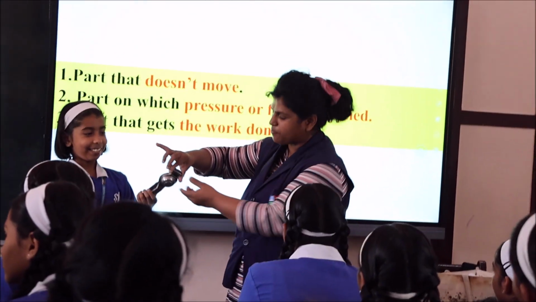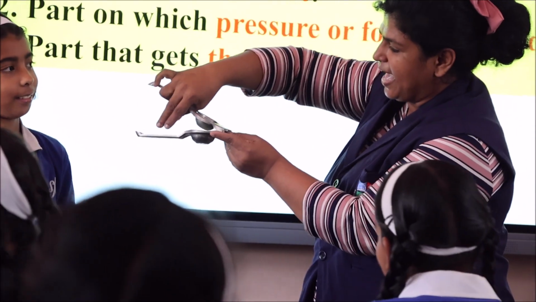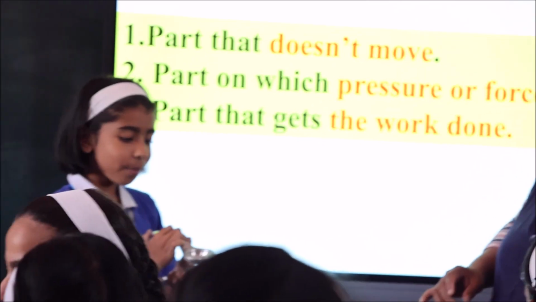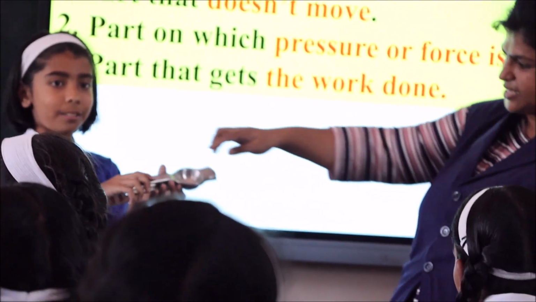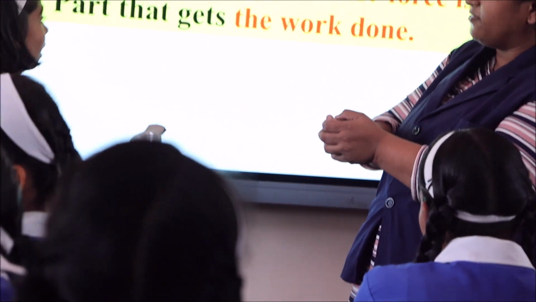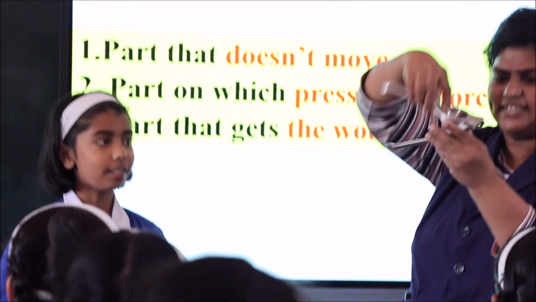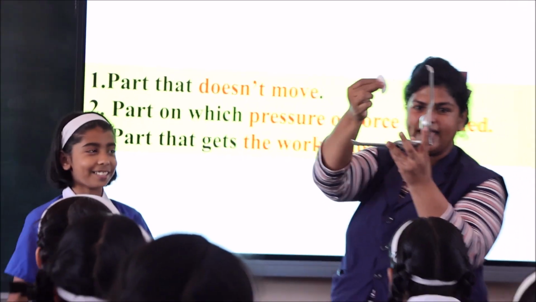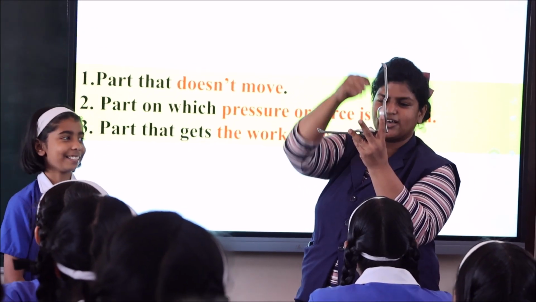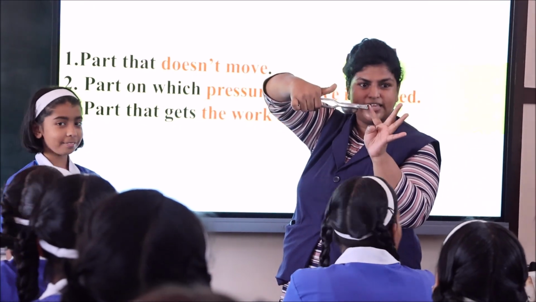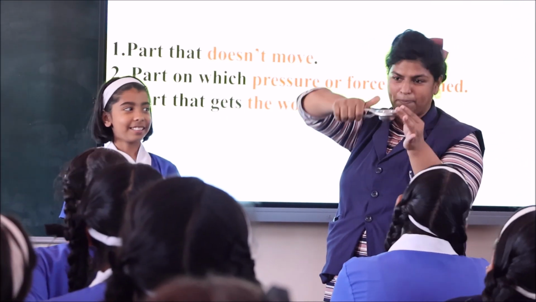Correct. This is the part which is not moving, and this part you are applying pressure, and the work is getting done in the center. You put this lemon over here, right? I put cotton. So the work is getting done in the center. This is the part that does not move, and I am applying pressure here.